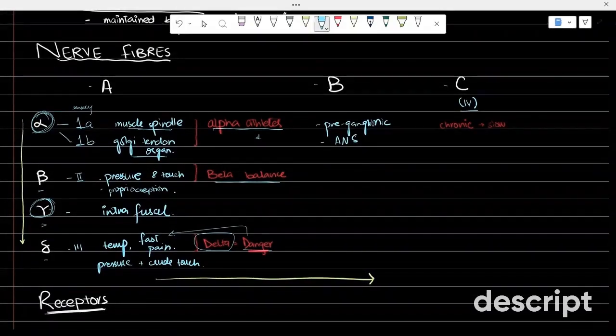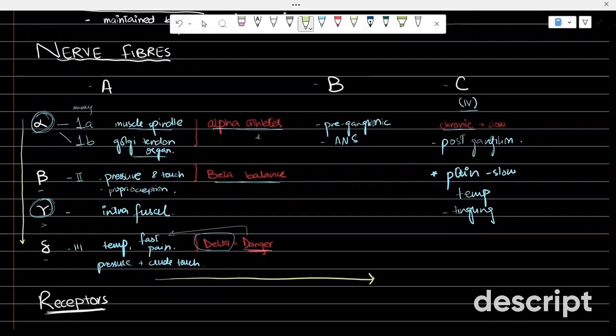Now moving on to C nerve fibers, their sensory type is IV. They mostly supply the postganglionic nerves in the autonomic system. Other than that, the very important point is that they are involved in conducting slow pain. Remember with the mnemonic, C is for chronic, that is slow, also temperature and tingling sensation.